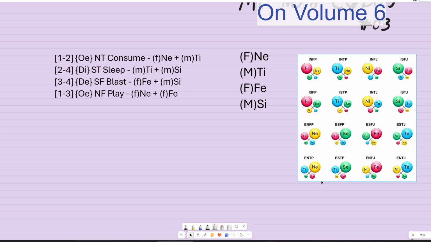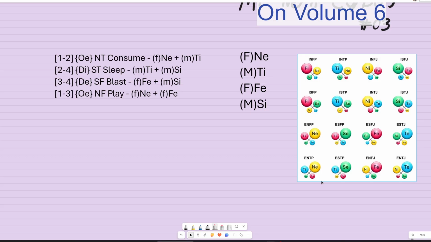Because a specific psychological type uses specific psychological functions, and they're not all the same. Two different people can be using the same type of NT consume, and two different people can be using two different types of NT consume. Technically, there are 4 types of NT consume, at least. You have OE NT consume.